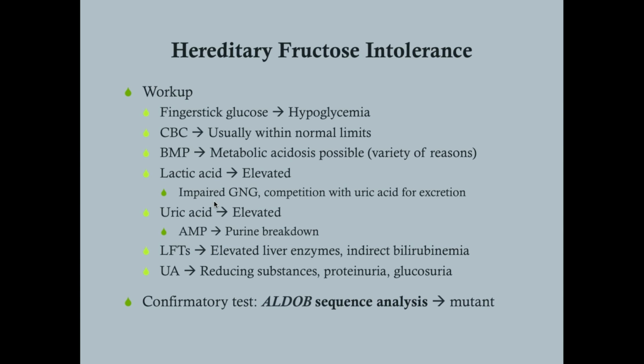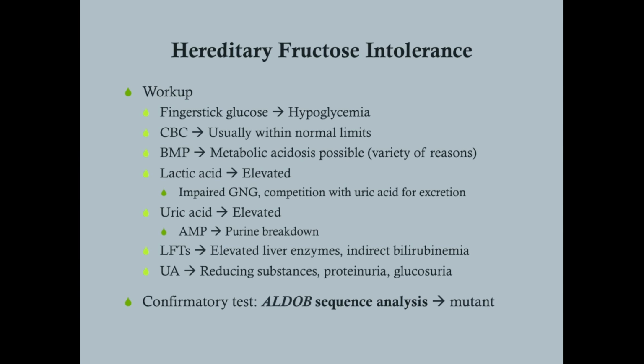Since you have lactic acidosis to some degree, that's going to compete with uric acid for excretion through the kidneys, and so that's going to cause you indirectly to have an elevated uric acid. There's another reason why you're going to have an elevated uric acid. These patients, because they're hypoglycemic, are going to have an elevated level of AMP because they're not making quite as much ATP, for reasons we already talked about.